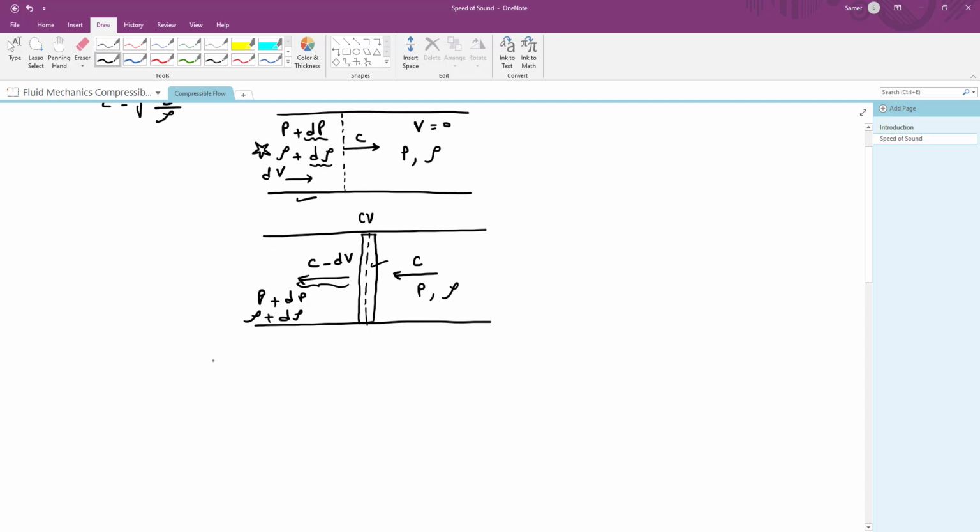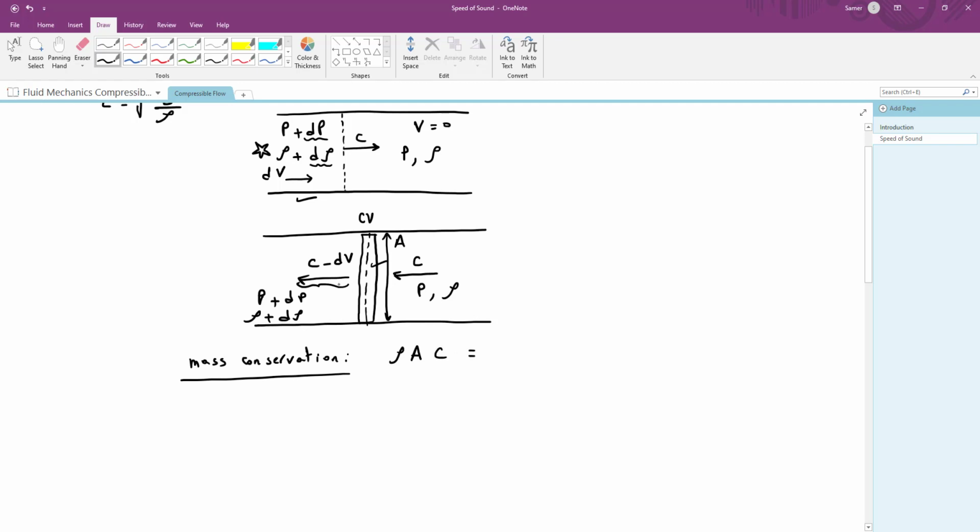Now let's apply mass conservation on this control volume. At steady state, the mass flow rate flowing into the control volume will be equal to the mass flow rate flowing out of the control volume. The mass flow rate flowing in is simply equal to rho times the frontal area A, multiplied by the flow velocity, which is c.